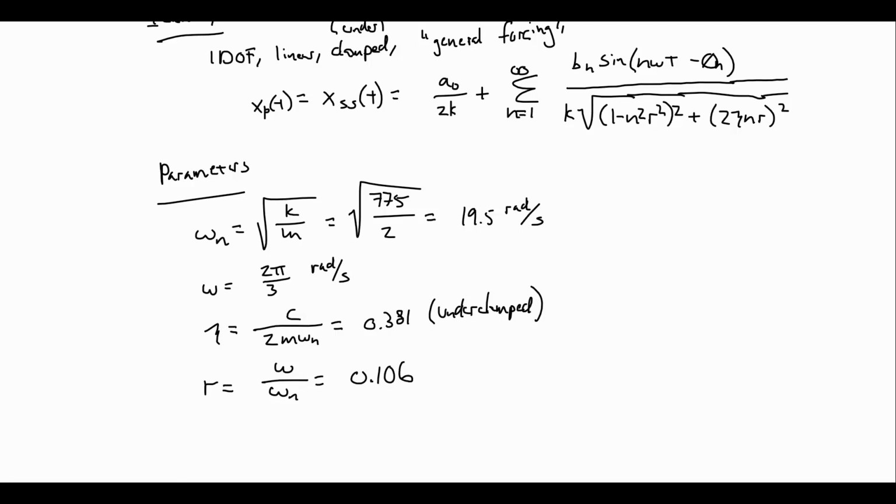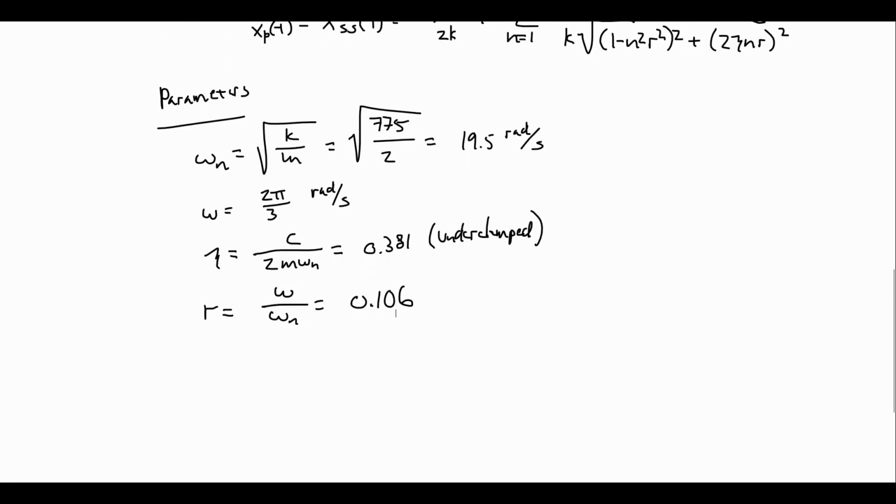Now we will have to compute these phases, the phi n's, which we can at least look at that general equation for. The phi n's are going to be calculated using that 4-quadrant arctangent of 2 zeta nr over 1 minus n squared r squared.